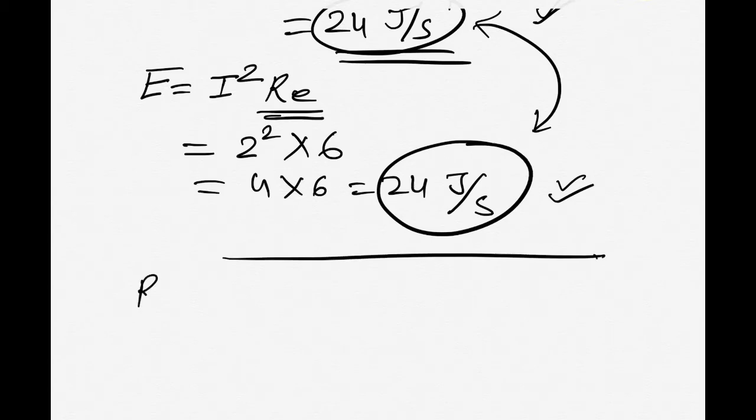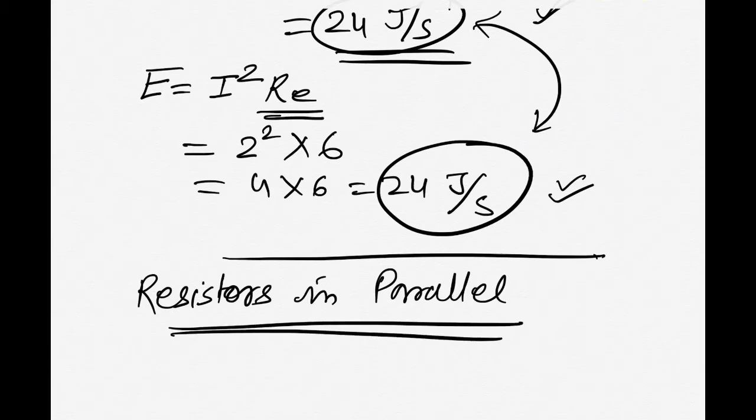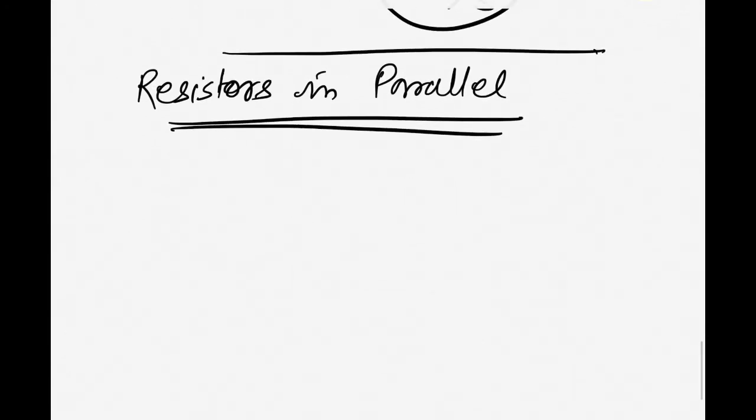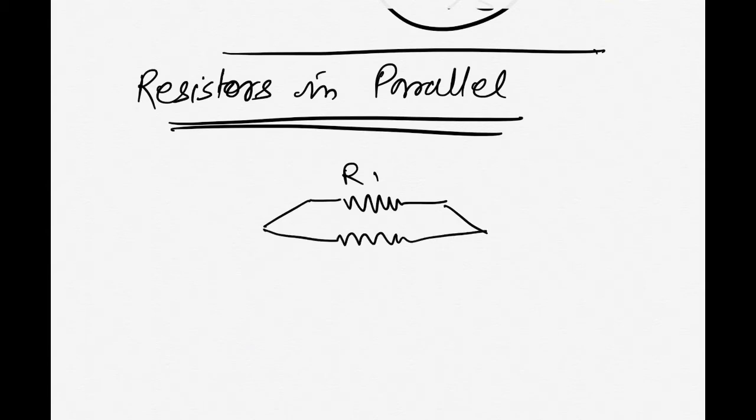Now let's take resistors in parallel. So resistors in parallel, let's consider 3 different resistors. Here one is R1, then this is R2, and the third one is R3.